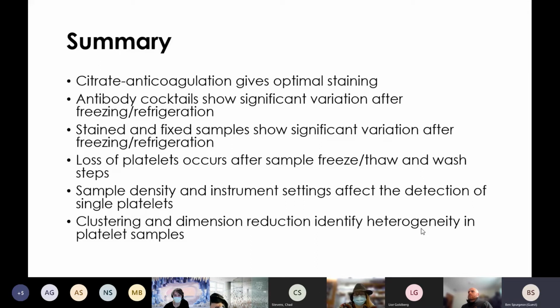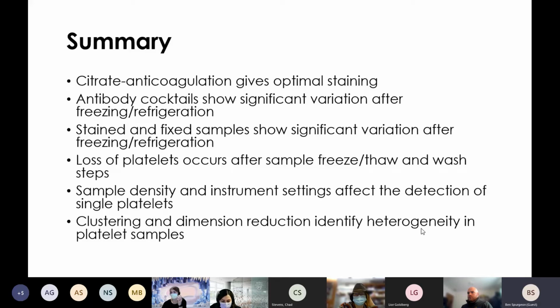And we've shown that sample concentration and instrument settings can affect the detection of single platelets. On the previous slide, we also demonstrated the application of multidimensional tools for the analysis of platelet samples.